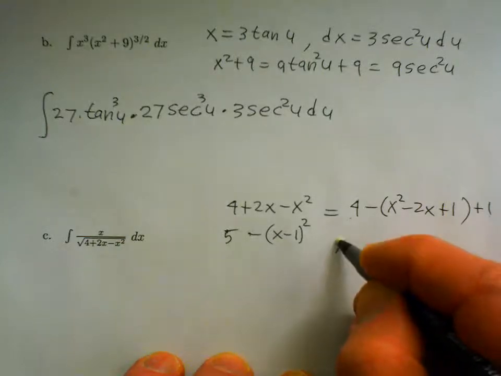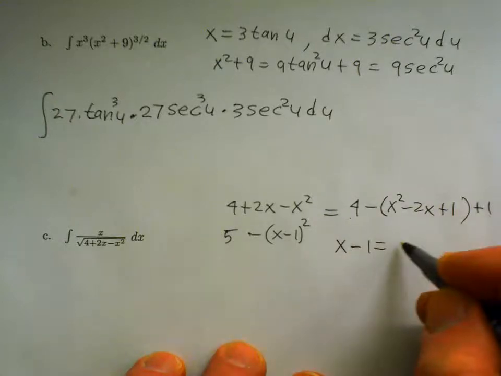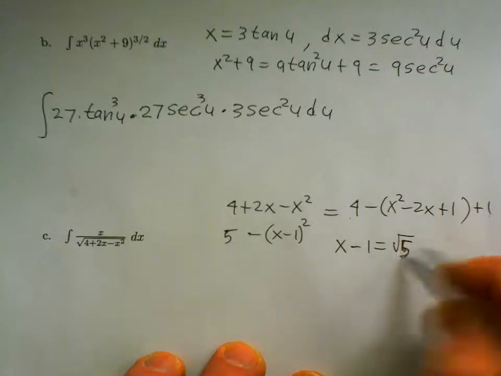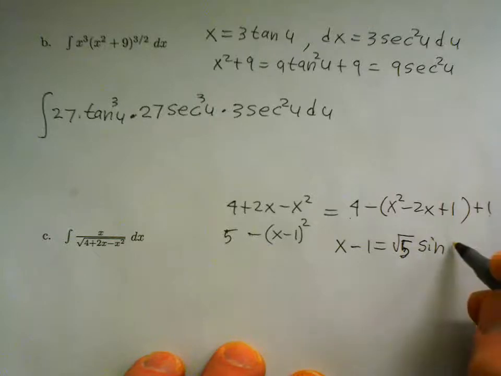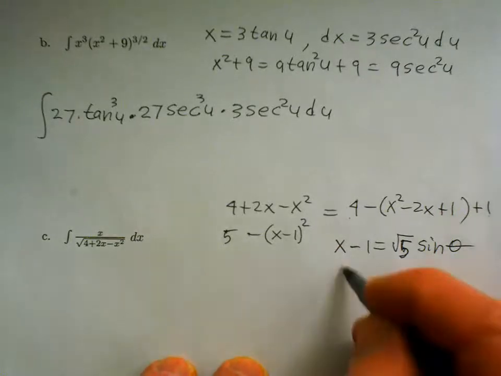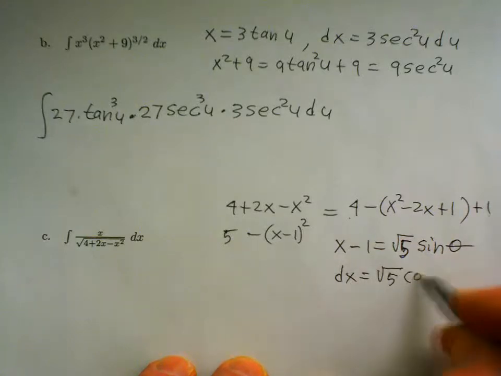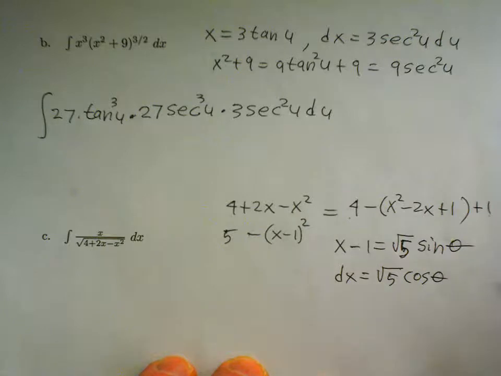So this time we'll write x minus 1 equals the square root of 5 times sine of some other variable besides x. So I'll use theta. And so dx will be the square root of 5 times cosine of theta d theta.